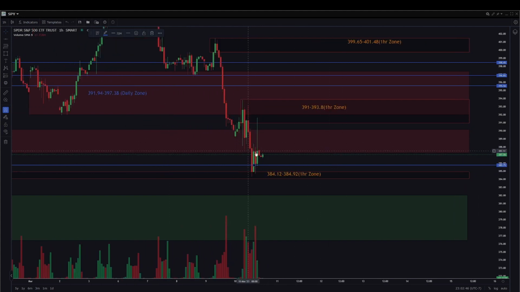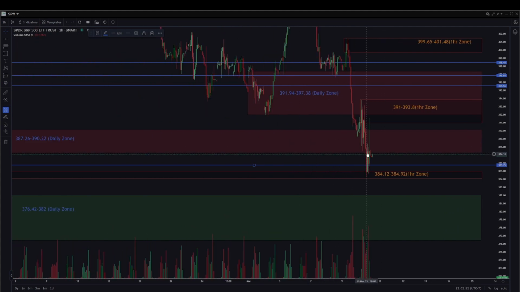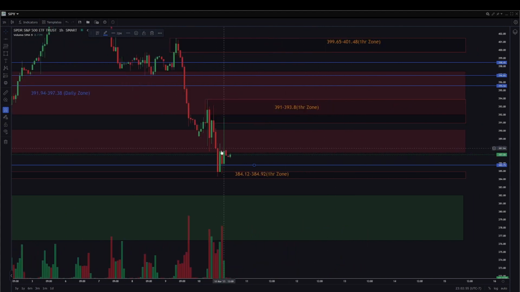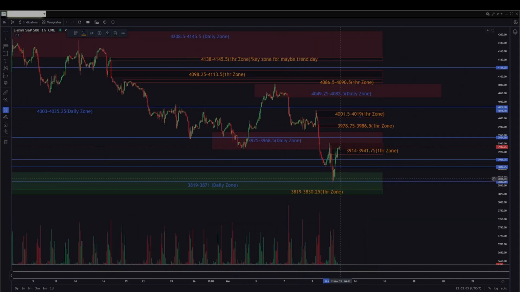And see the difference between ES and why I'll be paying attention more to ES, because on SPY these levels are not very clear compared to the ES zones, which I'll bring up quickly. As you can see, on ES this zone was much more clear, but still similar.